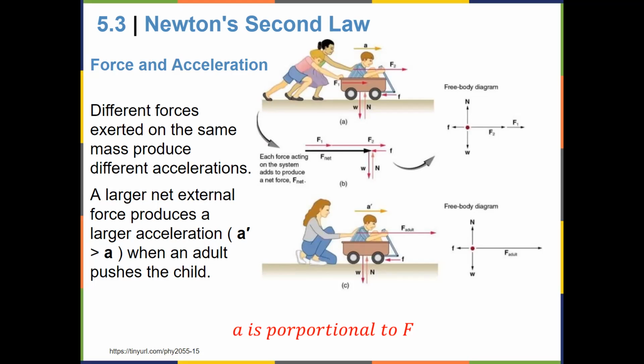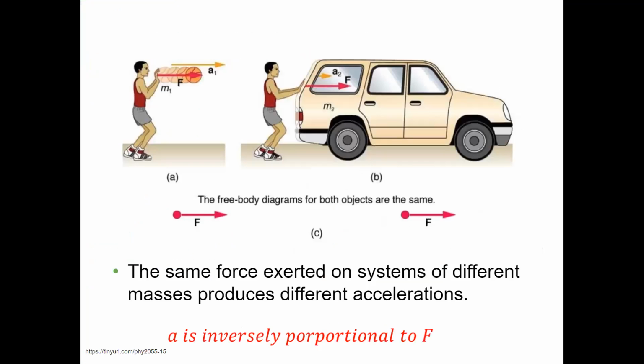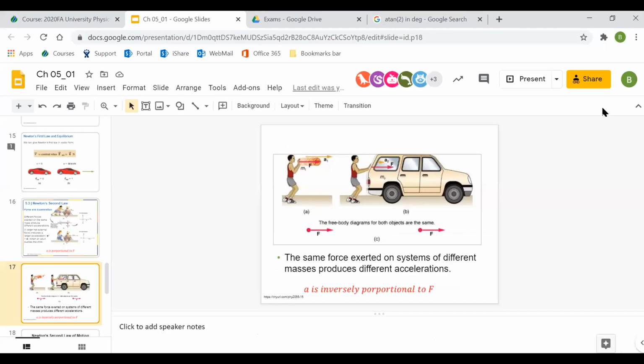Also, another scenario, as I mentioned earlier: if you use the same force, pushing on a lighter object versus pushing on a heavier object, you will see that the lighter object will accelerate faster than the heavier object. So in that case, you can say that acceleration is inversely proportional to the mass. Actually, it's not force. That's a typo there. Let me see if I can change this.